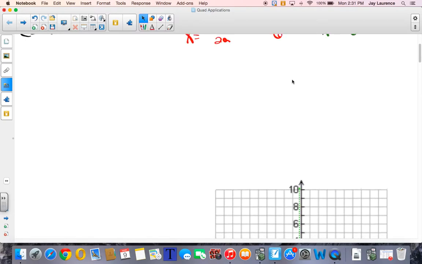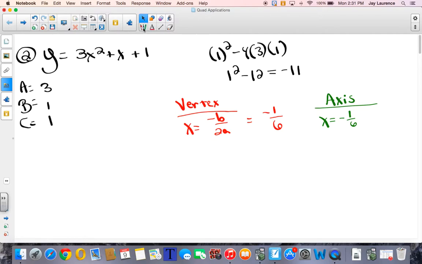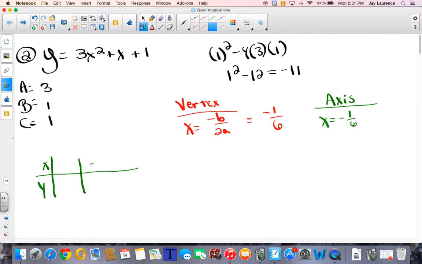Okay, now, to find out where on that green line, I have to take the negative 1/6 and put it in for x. In fact, I'm going to make a table here, and I'm going to put negative 1/6 in. All right, and so I'm going to show my work. Some of you are just running to the calculator too quick. Don't run to the calculator.